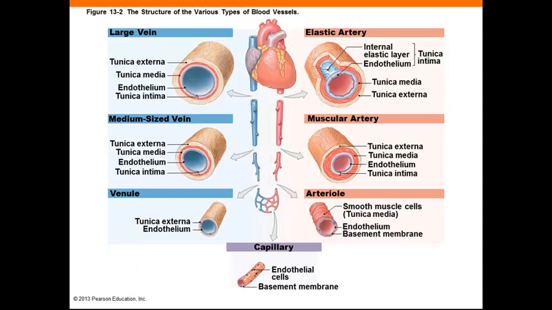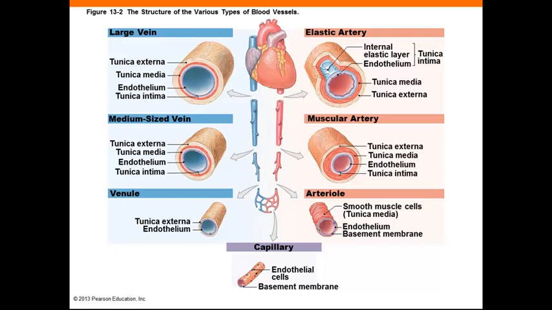Back to this figure again, the veins then collect blood from tissues and organs and return it to the heart. The venules are the smallest of these structures. Some venules are so small that they lack the tunica media. These are drained by medium-sized veins.